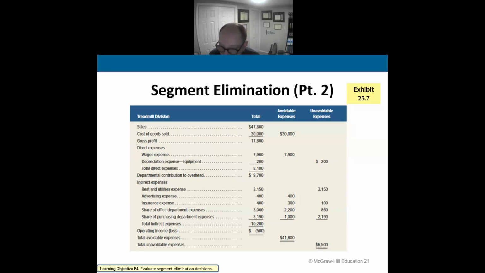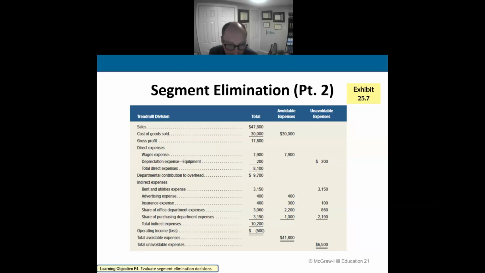I won't have to advertise for them anymore, so I can avoid the $400 in advertising. I'm still going to have some insurance, because I have to insure the rest of my building, even if I've stopped making the treadmills. I'm still going to have the office expenses, and I'm still going to have some purchasing expenses.